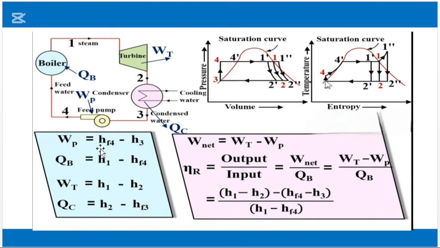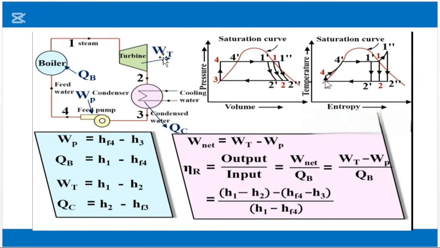So it is HF4, F for fluid. So HF4 minus HF3. Then QB, which is located between 4 and 1. Enthalpy 1 is more than enthalpy 4, because here you have supplied heat. So that is why it is H1 minus HF4.